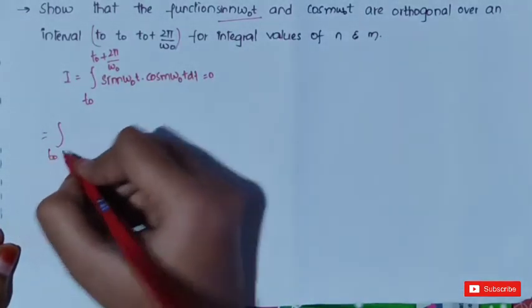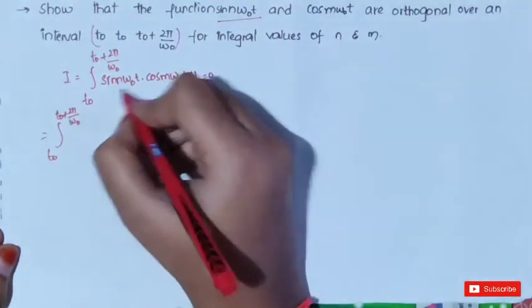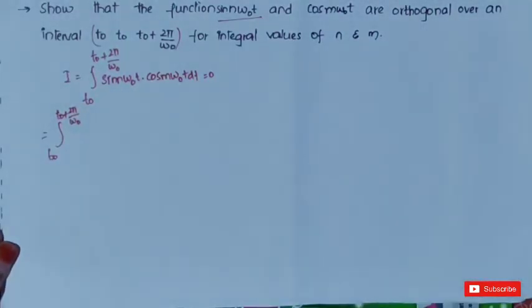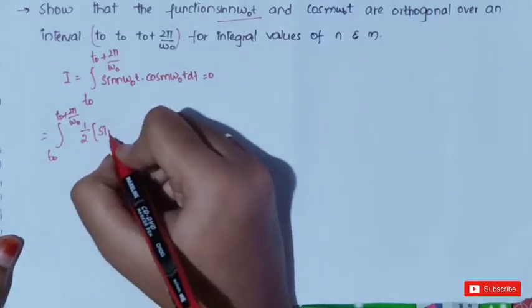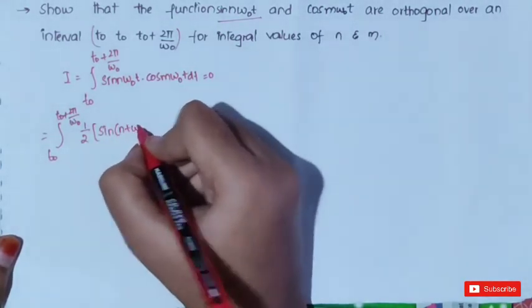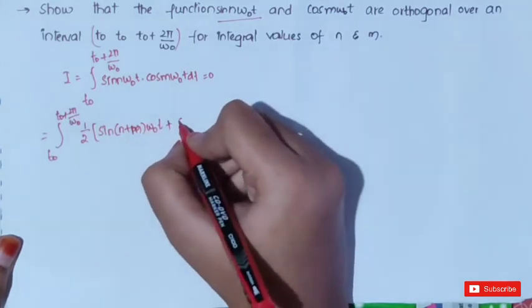So integral t naught to t naught plus 2 pi by omega naught. It is of the form sin a cos b.